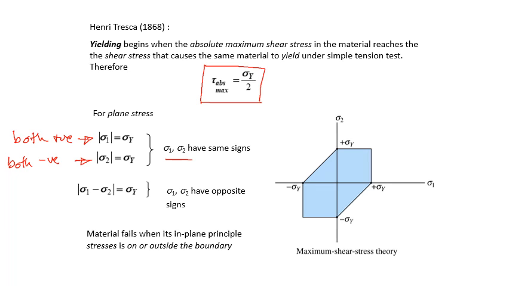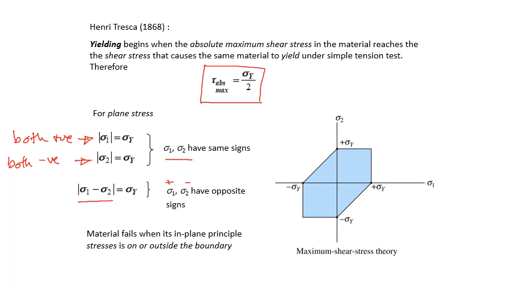But if they have opposite signs, sigma 1 is positive and sigma 2 is negative, then we will use this equation here, which says that when the diameter of the Mohr circle is equal to sigma yield, then it will fail.